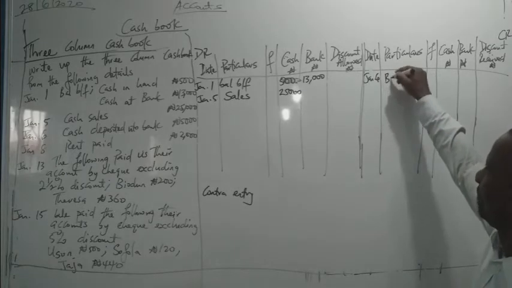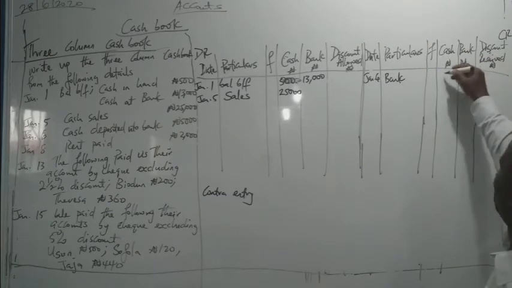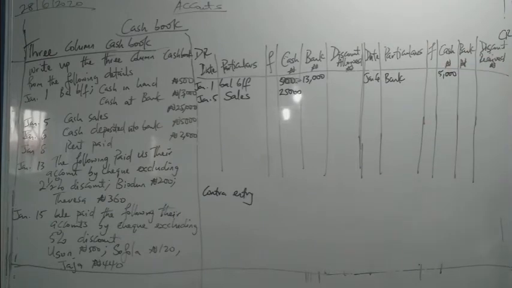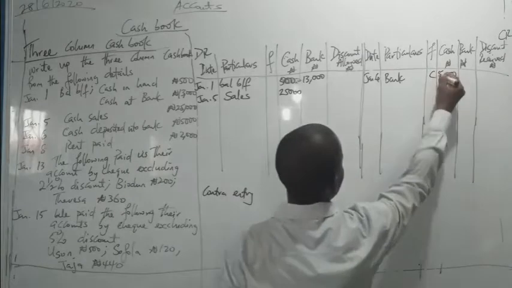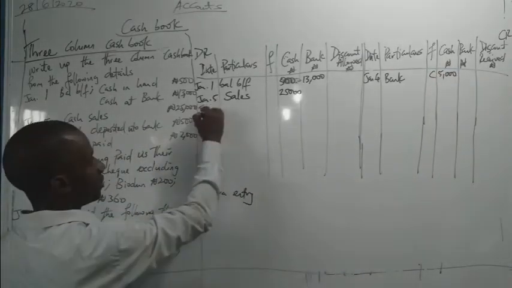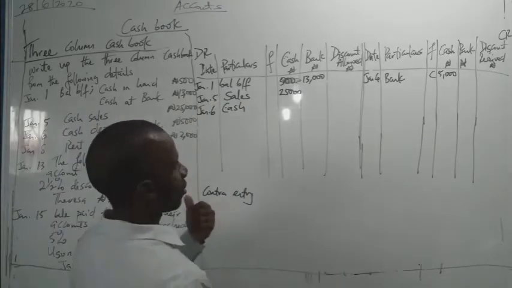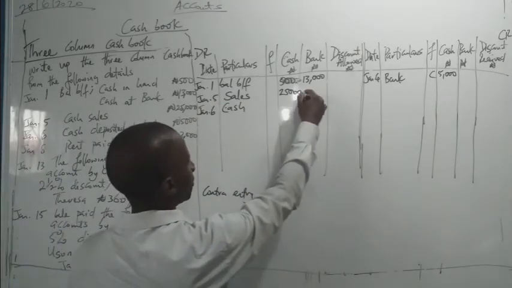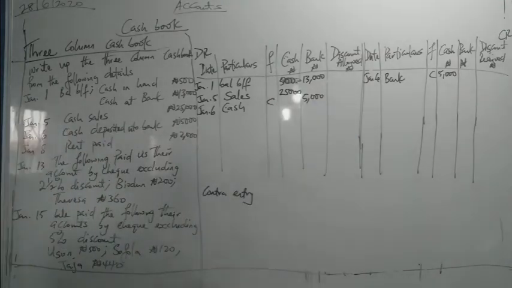We'll put bank, because money is going out of this. We'll put 5,000 there. Money is going out of your hand. And remember your contra? January 6th, cash. Money is coming into the bank account. 5,000 naira with your corresponding contra entry.